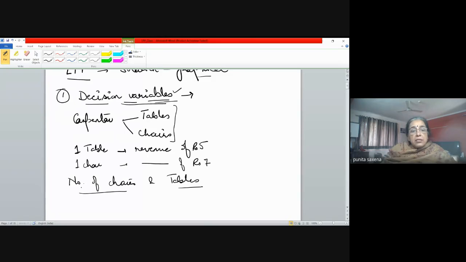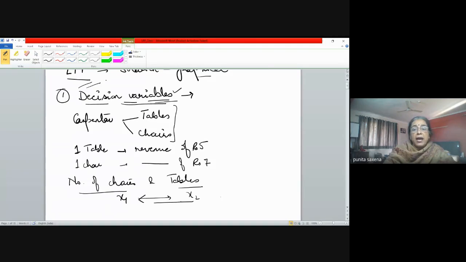Okay, so let us assume that we are producing x1 number of chairs and x2 number of tables. So the moment we say that, we have attached alphabet or variables to it. That's what my algebra taught me, that whatever is unknown, take them as x, y and then we'll find their values. So definitely the number of chairs and the number of tables to be produced, they are variables. And since we need to take decision on them, that's why we call them the decision variables.